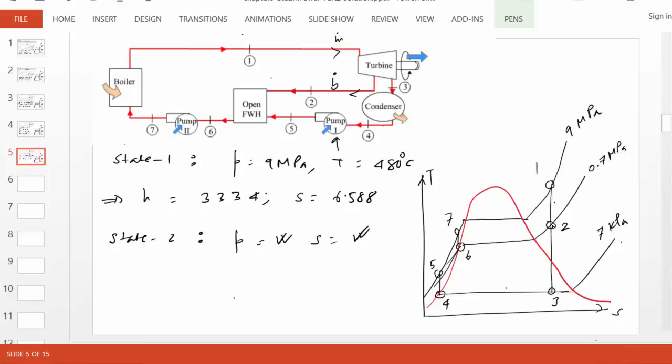So we know the pressure, therefore we can find sf and sg, and we can prove that s2 is bigger than sg, then it's superheated vapor, and therefore we can go to the superheated table, find the pressure table, and then find the entropy that corresponds to 6.588, that row, and from there we figure out what enthalpy is, and it turns out to be 2711.